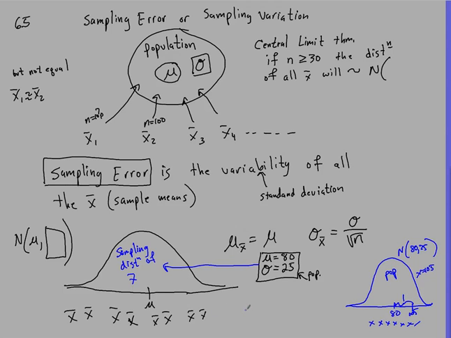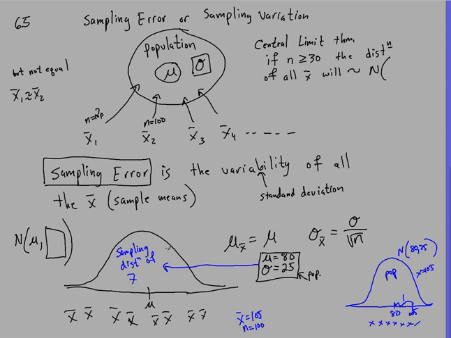But what happens if you get an x bar? Can you get an x bar, an average, of 105? Let's say I take 100 people. Do you think the average of 100 people is going to be greater than 105?